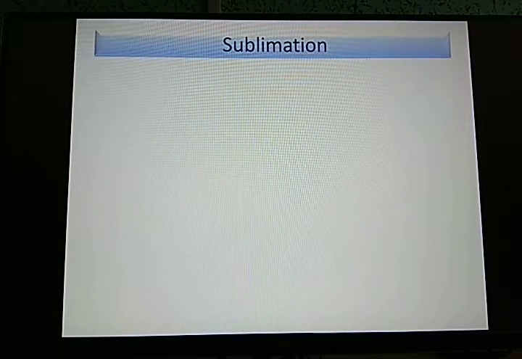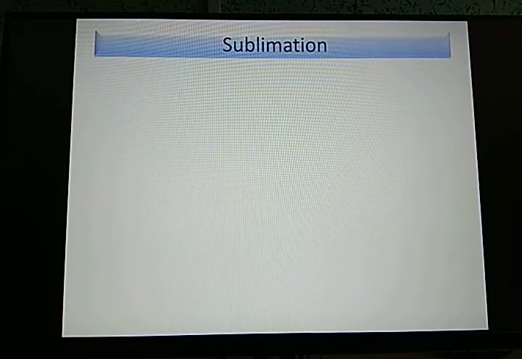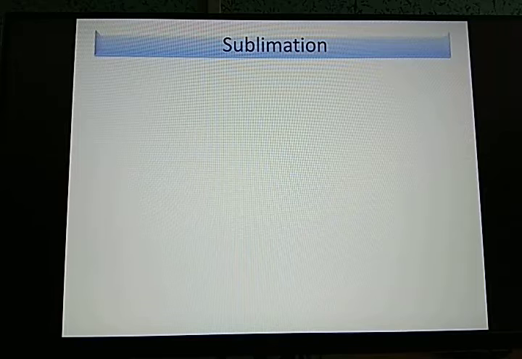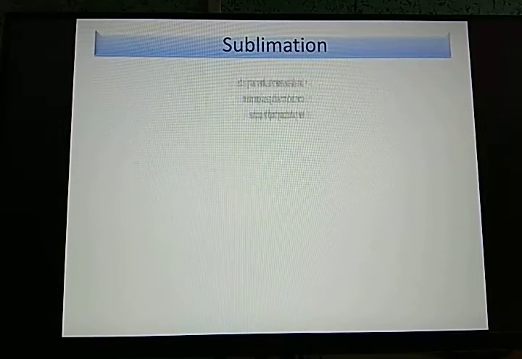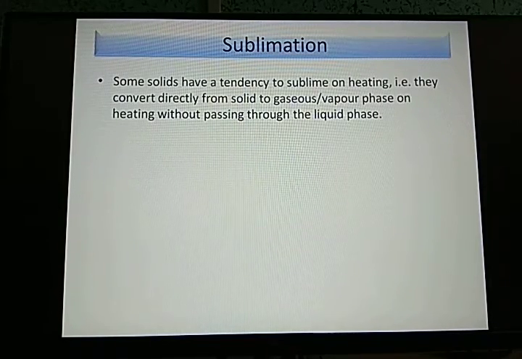So the first method is sublimation. Now we have come across this term called sublimation in chapter 1. So let us recapitulate what is sublimation. There are some solids which have a tendency to sublime on heating. That is, they convert directly from solid to gaseous or vapor phase on heating without passing through the liquid phase.